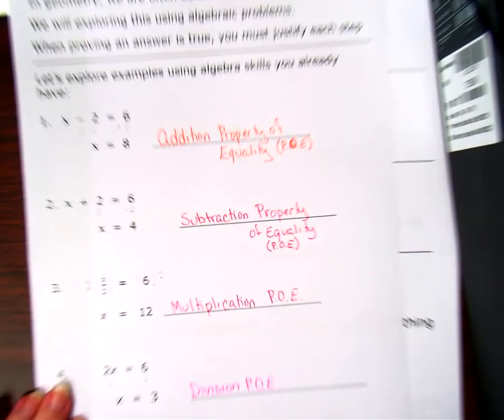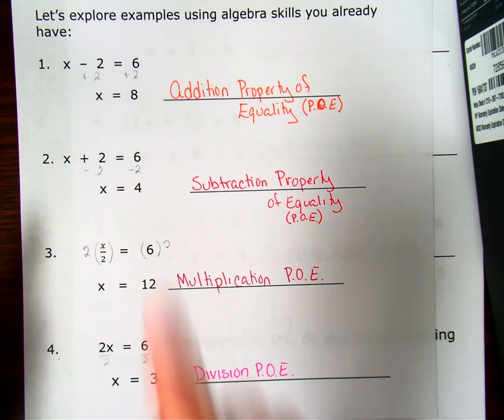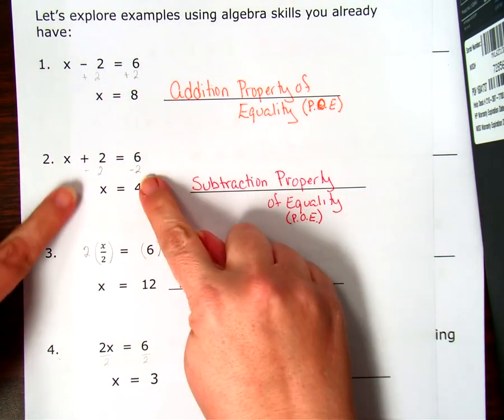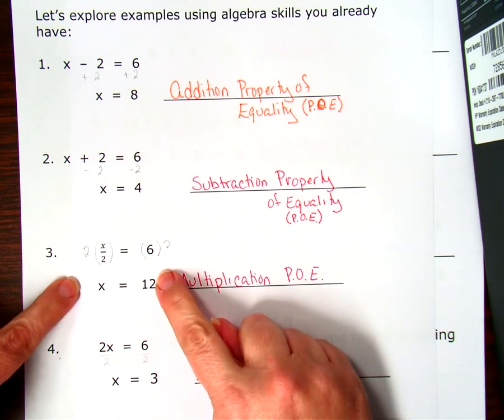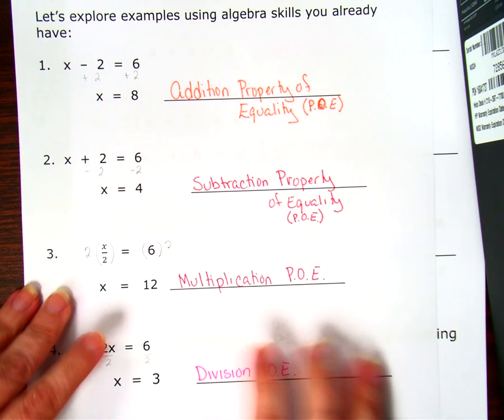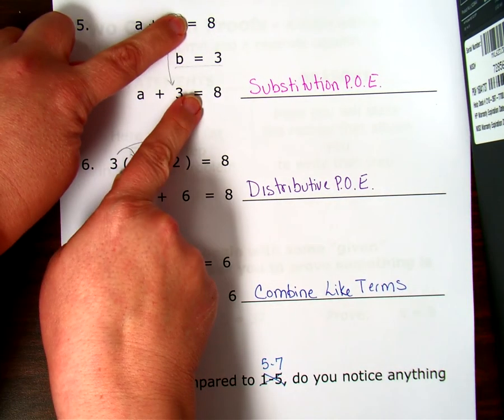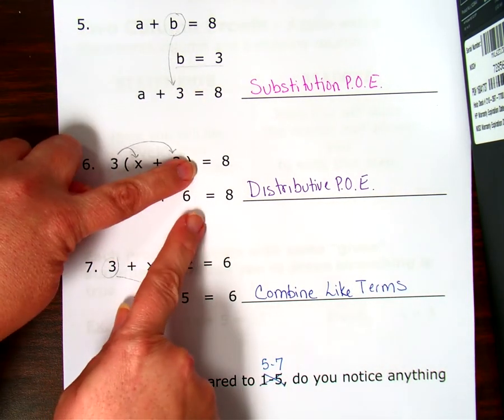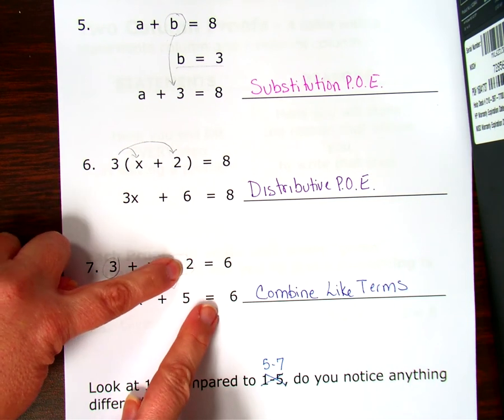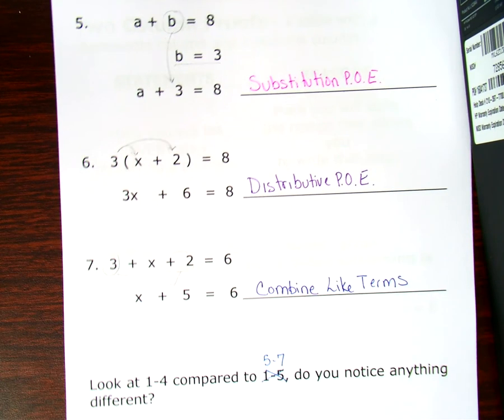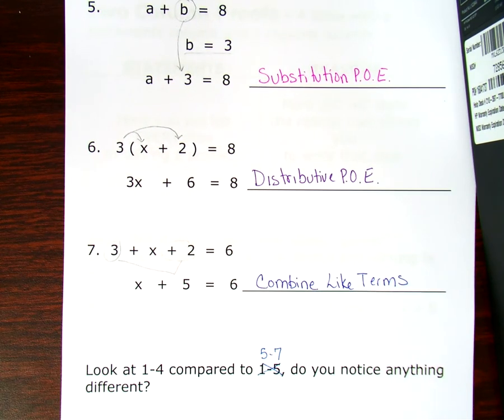When I look at these first 4, remember we said they had to happen where? On both sides of the equals. Right? And when we look at the last 3, when I look at my equations, it didn't affect both sides. It can, but it doesn't have to. With the first 4, it has to happen on both sides of the equals.